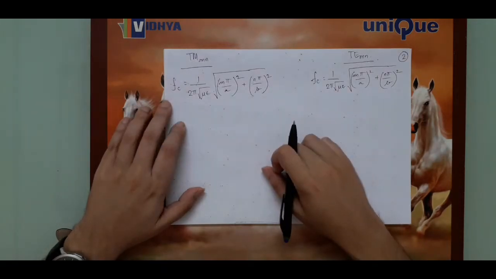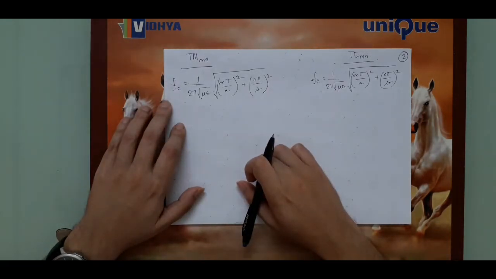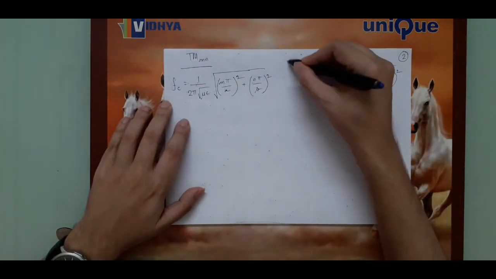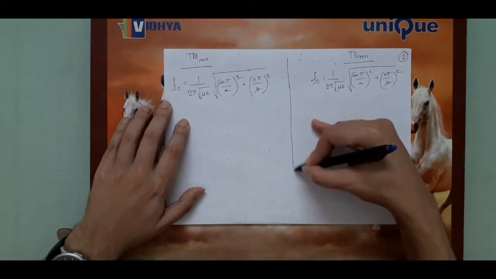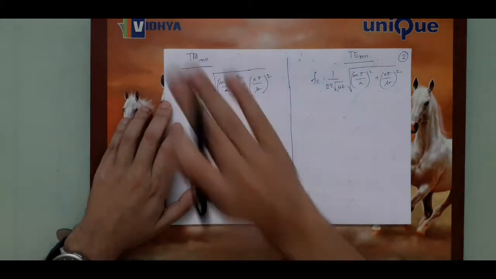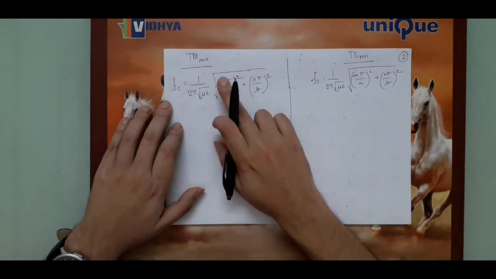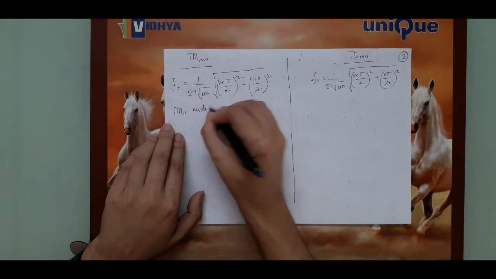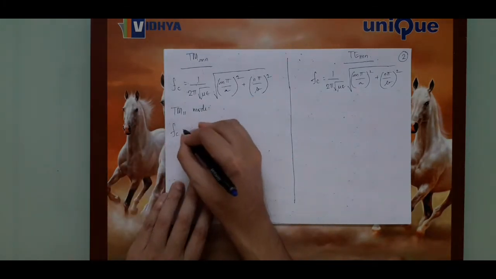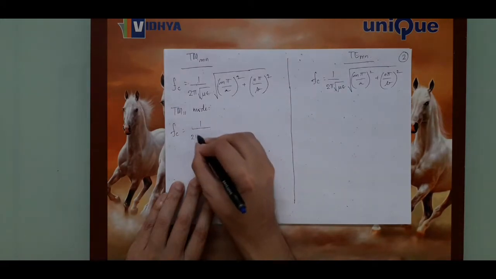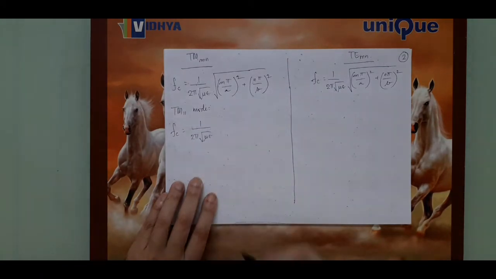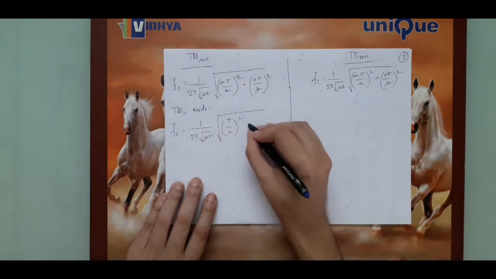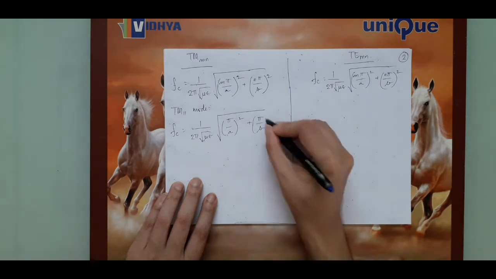Now let us try to investigate what will be the cutoff frequencies for the minimum possible values of M and N in either of the modes. So we saw that the smallest possible mode that the TM can sustain is when M is 1 and N is 1. So that is the TM11 mode. So for TM11 mode, the Fc will be this times pi by A the whole square plus pi by B the whole square.